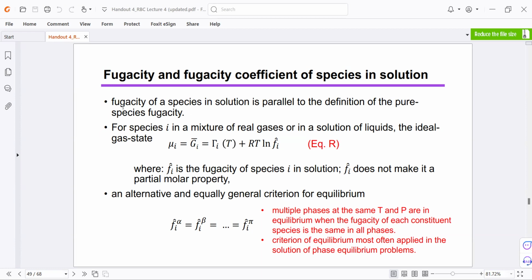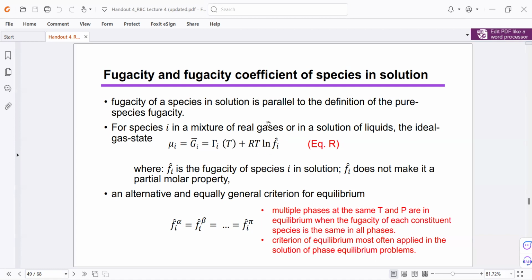So now we put our attention on the fugacity of a species in solution. It's actually parallel to how we define the fugacity of a pure species. So remember, we have this equation for fugacity on the Gibbs free energy, and for ideal gas, it's equal to the integration constant plus RT ln the partial pressure of the ideal gas.